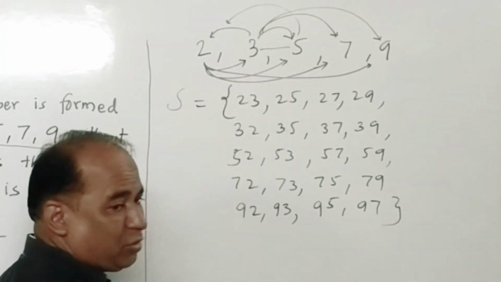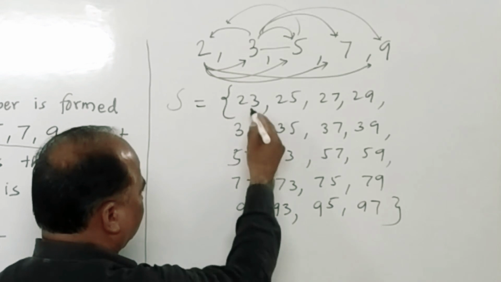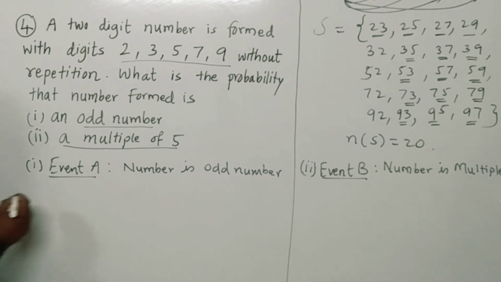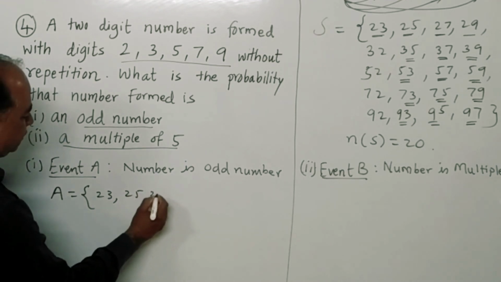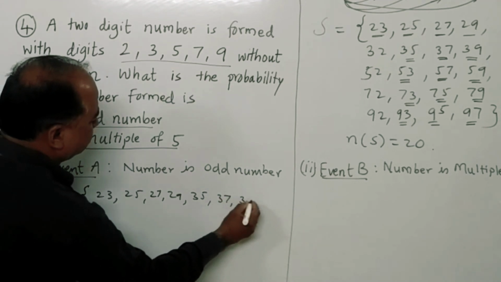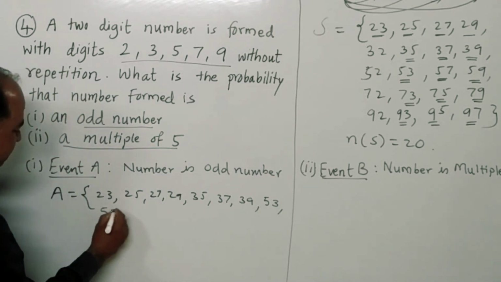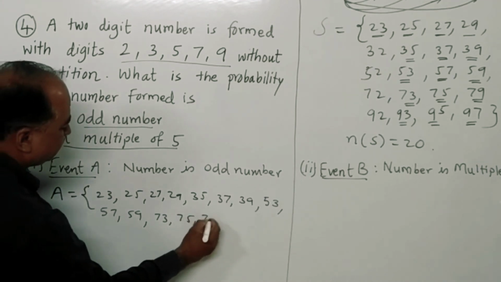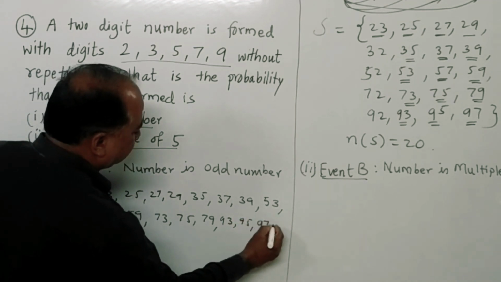The number of sample points in the sample space is 4, 4, 4, 4, 4. So 4 5s are 20. So n(S) is equal to 20. Now A is equal to 23, 25, 27, 29, 35, 37, 39, 53, 57, 59, then 73, 75, 79, 93, 95 and 97.